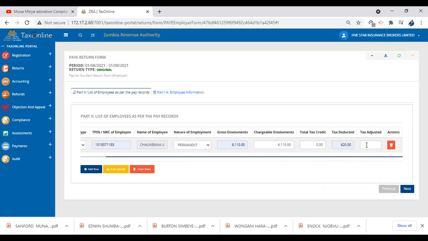Then tax adjusted. For most PAYE applications, and I think even some institutions, they will show the aggregate taxes that you would have paid in terms of PAYE from 1st January up to December.